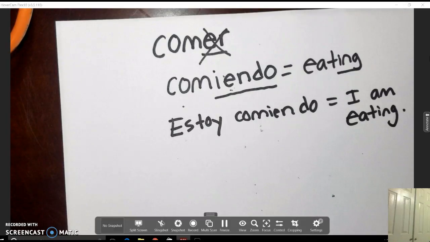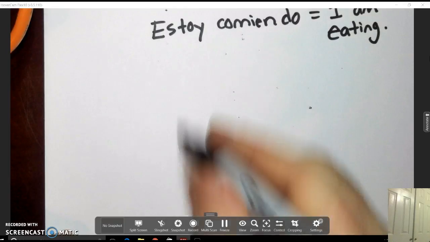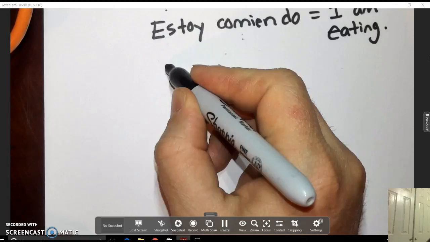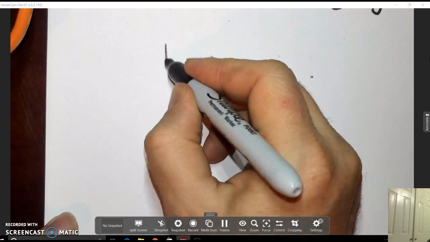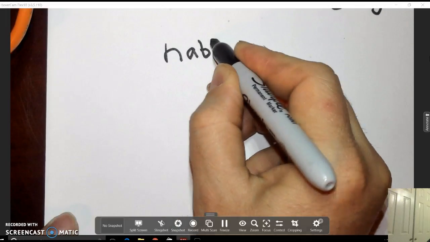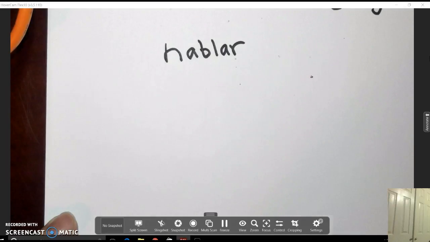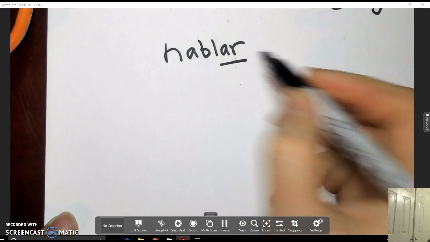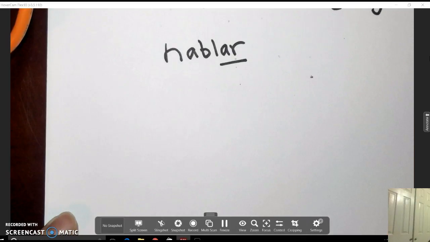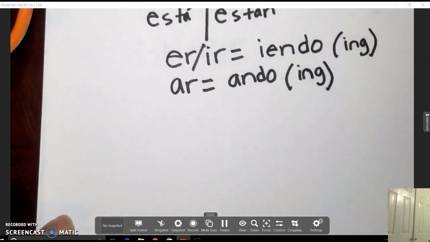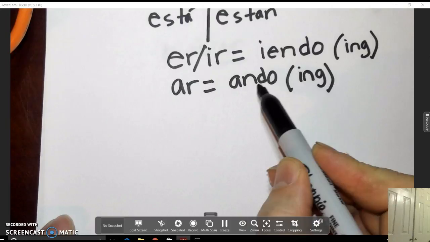Let's do another example. What if I had, let's say, speaking. If you recall, the verb to speak is hablar. What kind of verb is this one? Well, if we look at the last two letters, we know that it's an AR verb. And so for AR verbs, we can see that our ending is ANDO.